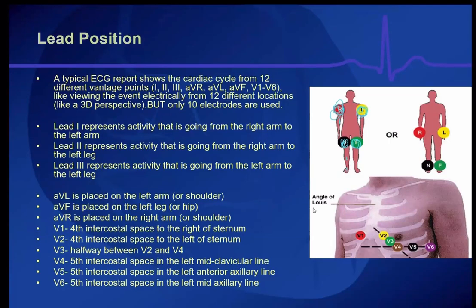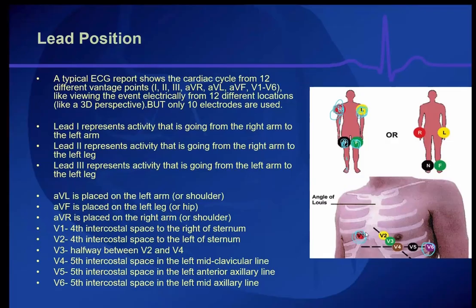Now we have 6 precordial leads designated V1 to V6, capital V. Only V1 is located near the right nipple, while the other 5 leads are located around and below the left breast.